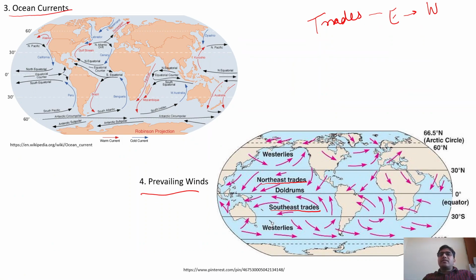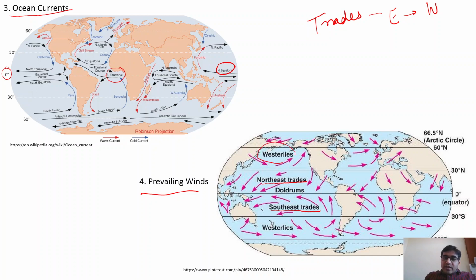Okay, so we can see here the movement of these trade winds from east to west. So what is the impact of these winds? These winds bring the water from east towards west in the form of the equatorial currents, north equatorial and south equatorial currents. These currents are going at the equatorial region, so definitely they will be carrying warm water. So wherever they go, they will modify the climate.